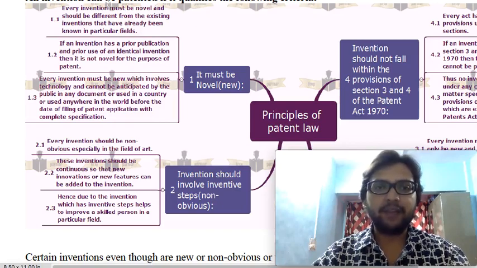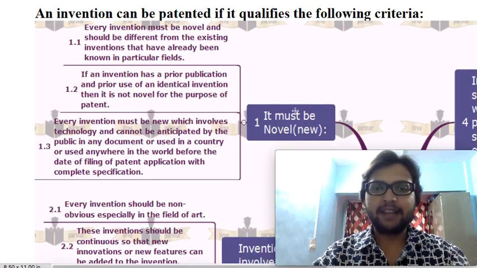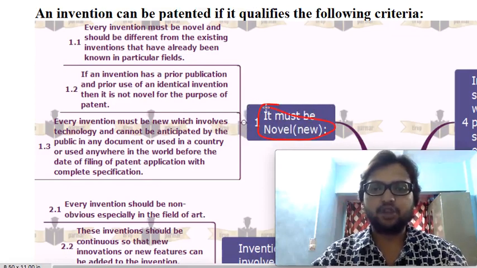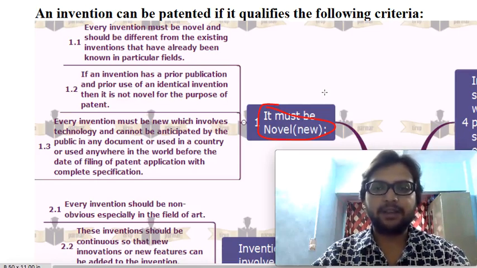If I want to acquire a patent on my idea, then that patent should be novel or new. Remember, this is the most important part. It should not happen that by copying another person's idea, I've just made some changes in that existing idea and now I'm trying to register it in my name.